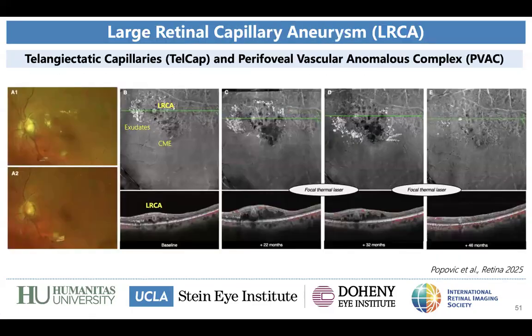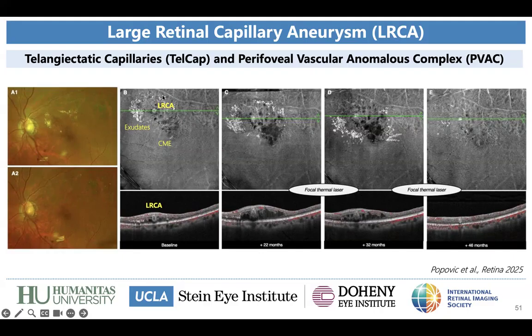Finally, alpha-OCT can also be used to monitor and to detect large retinal capillary aneurysm, which is a new OCT nomenclature for telangiectatic capillaries and peripheral vascular anomalous complex. Actually, TELCAP are secondary to usually diabetes or retinal vein occlusion, while peripheral vascular anomalous complex are usually an isolated disease, unilateral and unifocal.